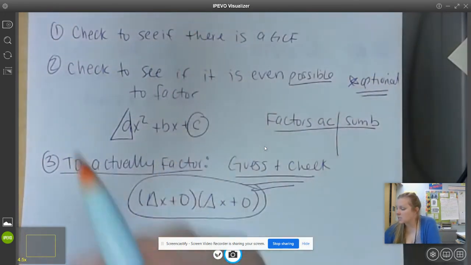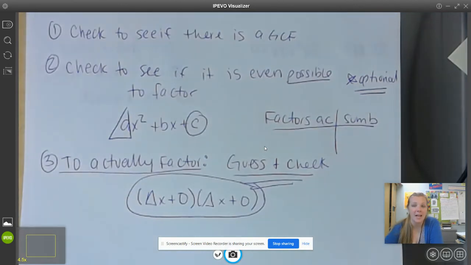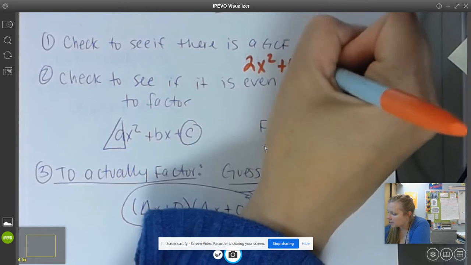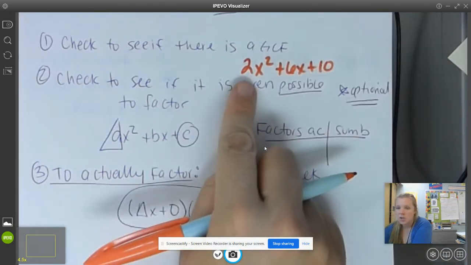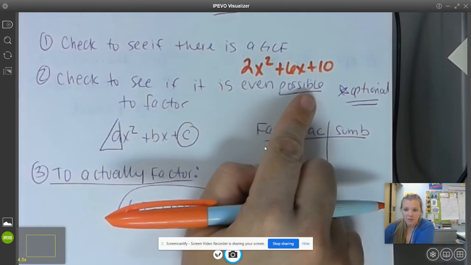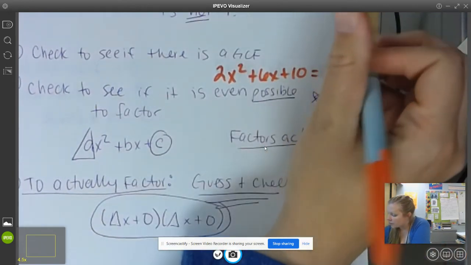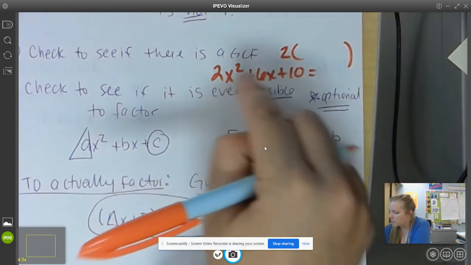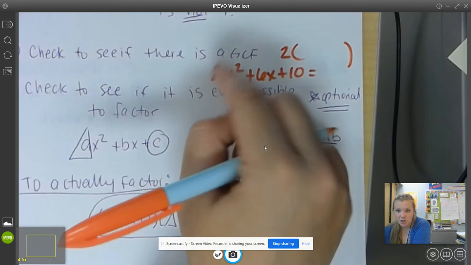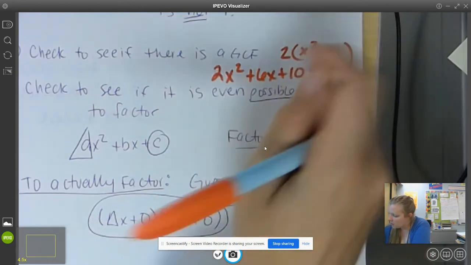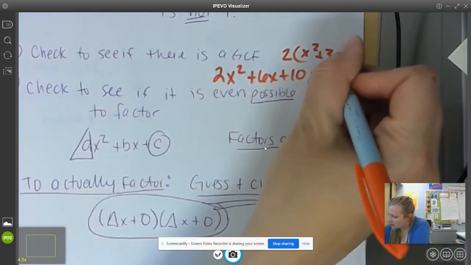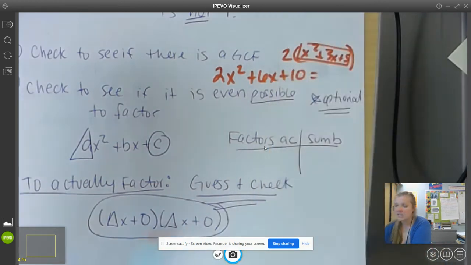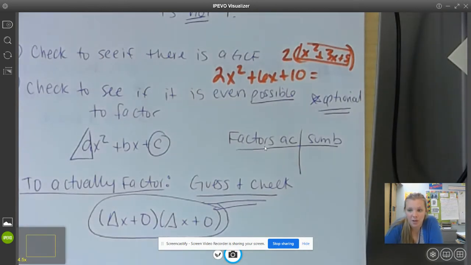So the first step I would like you to see is if you can take out a greatest common factor. So if you had one like this, 2x squared plus 6x plus 10, you would notice that there's a 2 in all of these terms, so you could factor out a 2, and then remember you divide every term, so that would leave you x squared, 6 divided by 2 is 3, 10 divided by 2 is 5, and then you would be able to factor this inside part doing the same method we've been doing already.